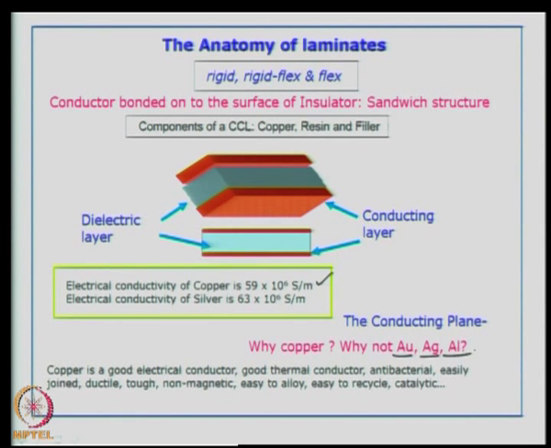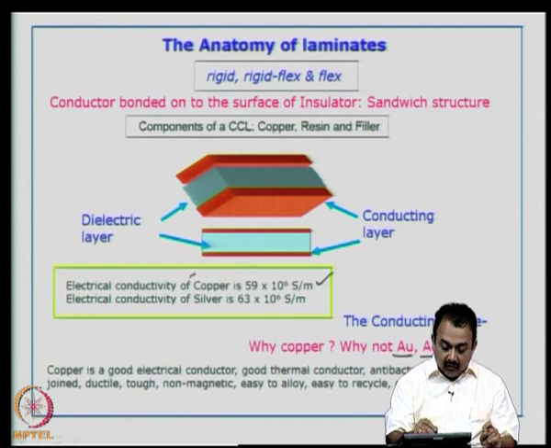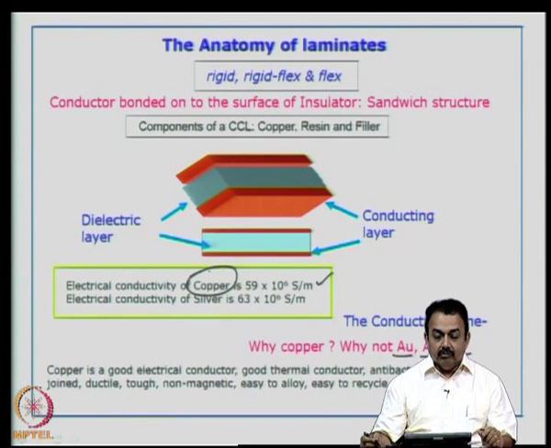You get very economically available etchants for copper, and the electroplating of copper is well known. So, if you look at various properties, we go in for copper and not other metals in the PCB industry, and much more, it is easily available. The availability of copper is much better, cost wise also it is on the plus side.